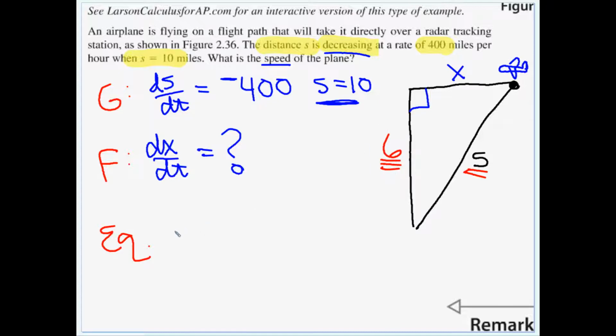Our Pythagorean theorem is going to be x squared plus 6 squared, now let's just write that as 36, is equal to s squared. Okay, I'm going to start a new slide here. x squared plus 36 is equal to s squared.